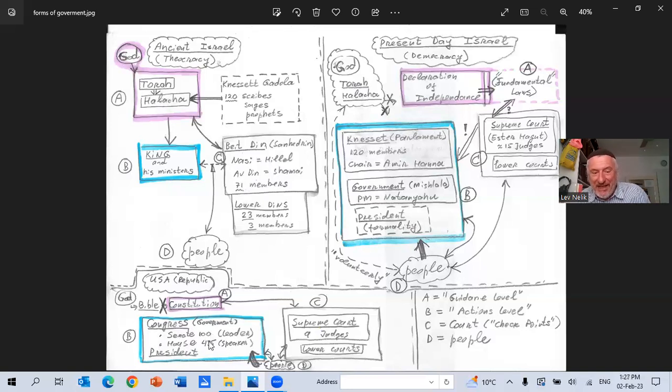And that body is elected by the people, just like in Israel today, people elect the body, the Knesset. So in America, people elect the body, the Congress, and the president. There is a Supreme Court with 9 judges, and then a bunch of lower courts with whom people interact. So people interact with the government, with a king, and people interact with the Supreme Court, with a Sanhedrin, with the deans. So that interaction is very similar democratically to modern Israel.